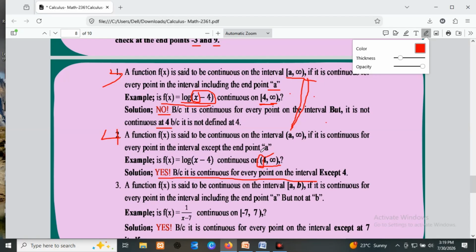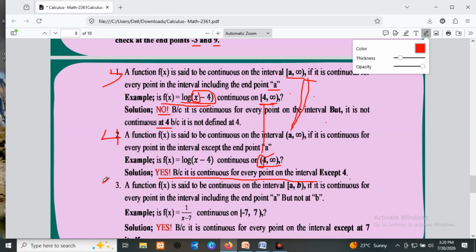If you insert it, it gives log 0, but that is not required here. Smoothly, it works. It's defined, and at the same time it is continuous.